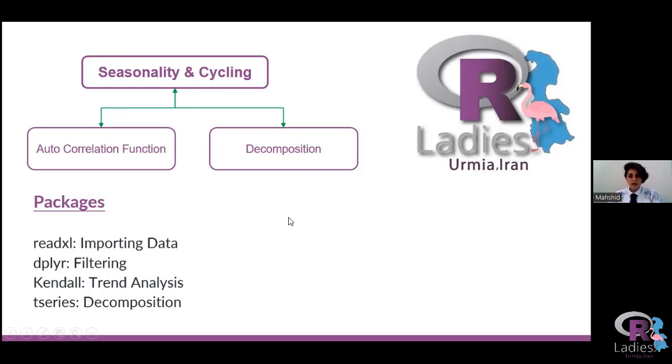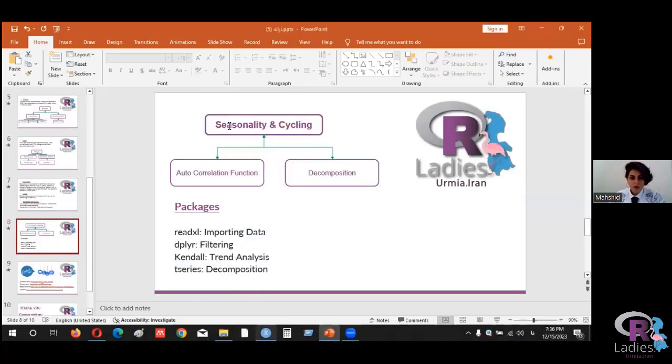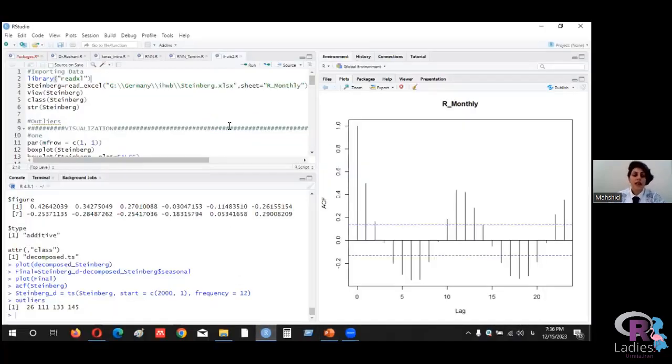This is just a brief introduction. Now we are going through the R programming language. We have some examples, and we will explain every characteristic in detail and also every package.